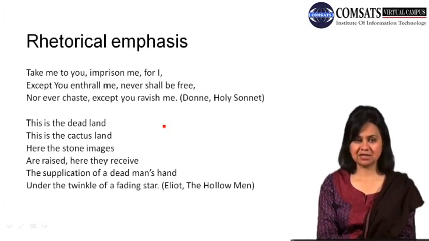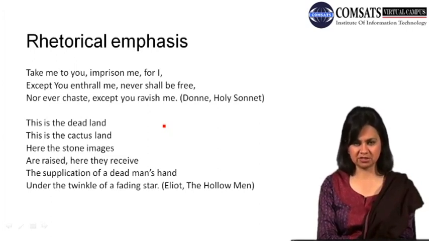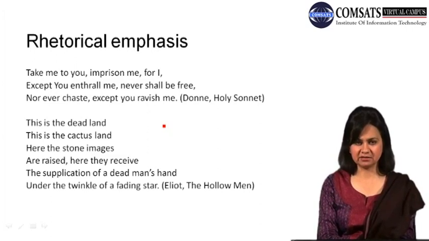Look how these ideas are put side by side, creating a parallel structure and aiding the force of the words and images and themes: death with cactus or the cactus land, that is a thorny place, and then stone images, giving the image of lifelessness and death.